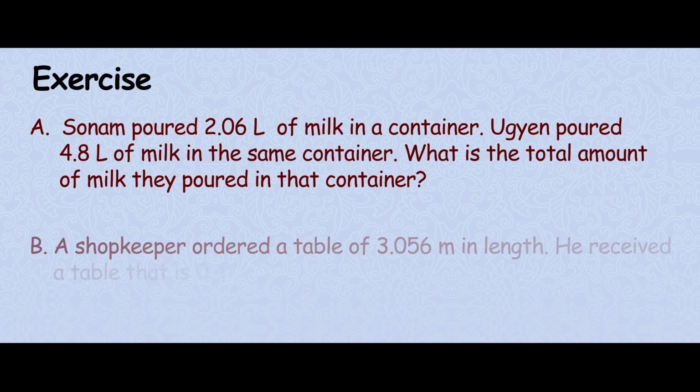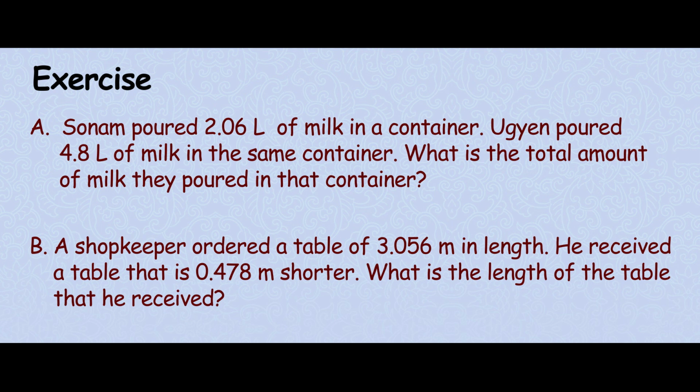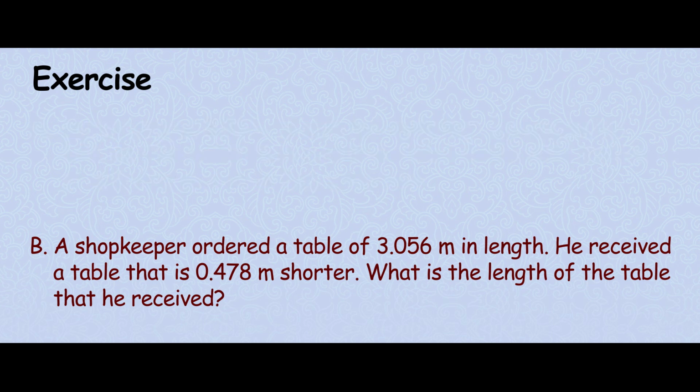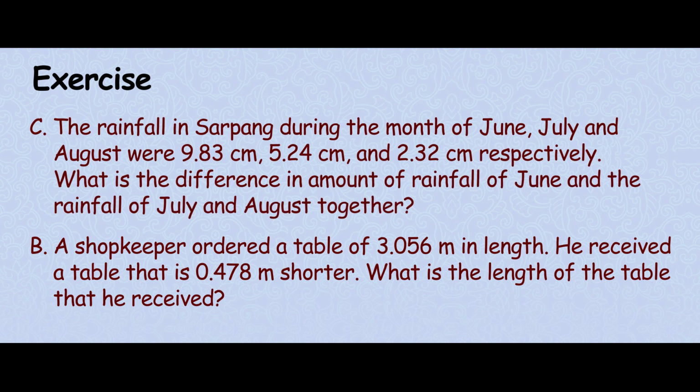Question B. A shopkeeper ordered a table of 3.056 meters in length. He received a table that is 0.478 meter shorter. What is the length of the table that he received? Question C. The rainfall in Serpong during the months of June, July and August were 9.83 centimeters, 5.24 centimeters and 2.32 centimeters respectively.